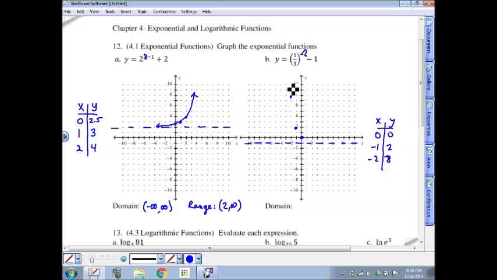So (-2, 8). The domain of any exponential, whether it's a decay function like this or a growth function like that, is all real numbers. Range for this one is from -1 to infinity.